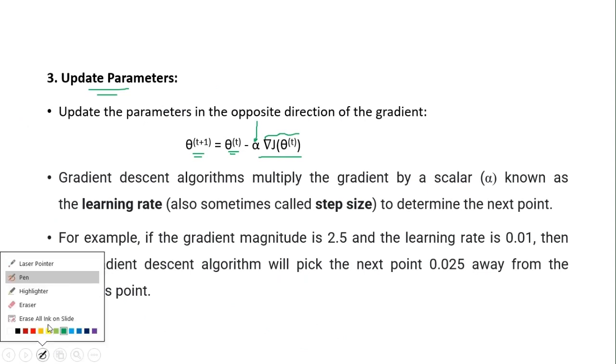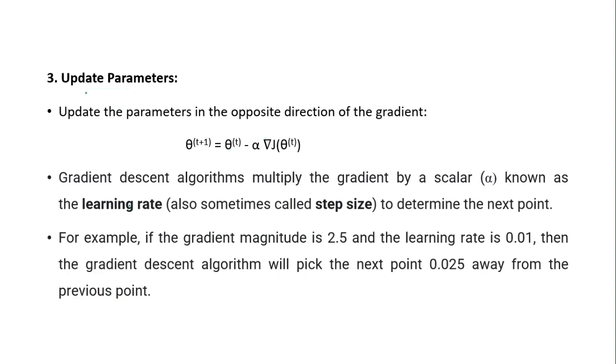So this is the update parameter step. Here we are finding the new theta. How will we find the new theta using this equation? The new theta is equal to the current theta minus the gradient of the loss function we have calculated just now, multiplied by this scalar quantity. This scalar quantity is known as the learning rate. We will discuss it later.